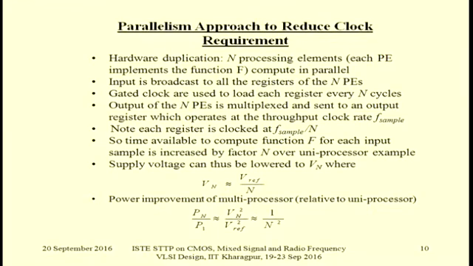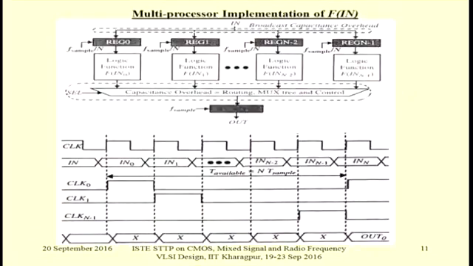This is also an approximation symbol I have used, because what is the reason? The reason is that, see, we gain in terms of, we can bring down the power supply and power can be reduced, but not as much as we have shown theoretically. The reason is that the overhead has increased. The overhead means that this broadcasting capacitance is there. So many elements are there. Area has increased, right? Because on the downside, we have to spend more area. Then, I'm sorry, the overhead capacitance has increased, and also there is a multiplexer involved.